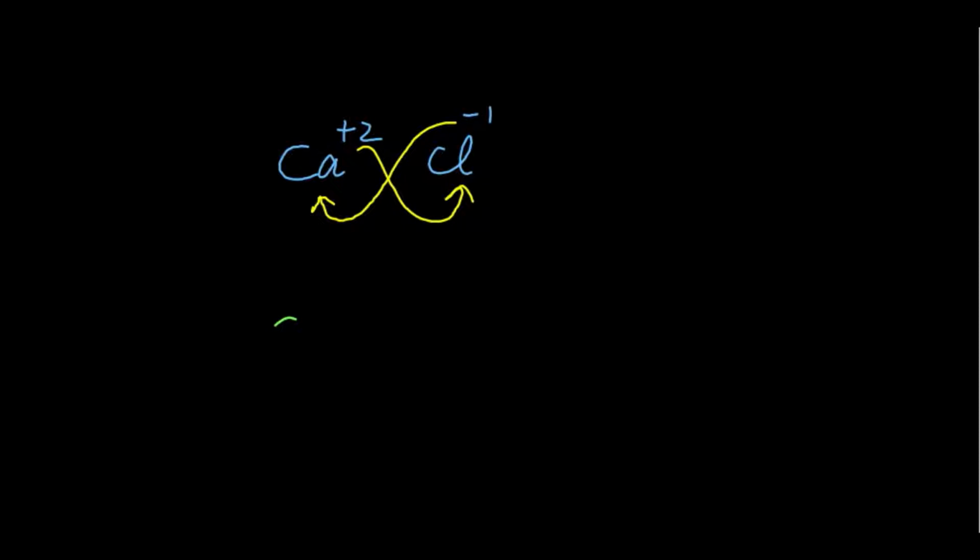Similarly, we have another compound having the formula Ca+2 O-2. So we will cross their valencies: we write the valency of oxide ion here and the valency of calcium ion here. So in this way we cross their valencies.